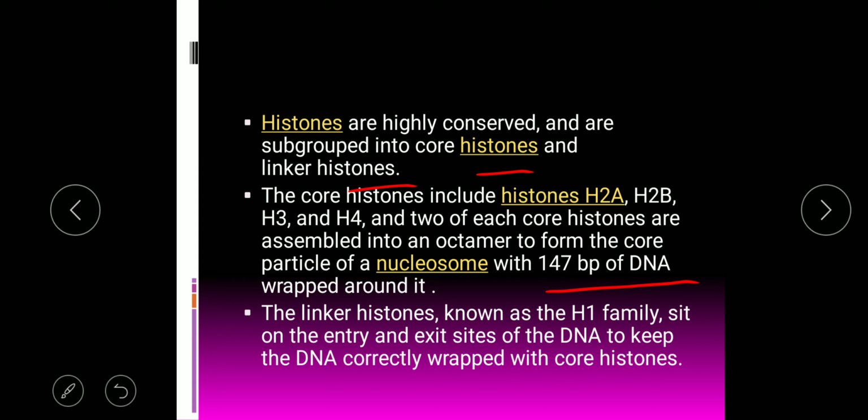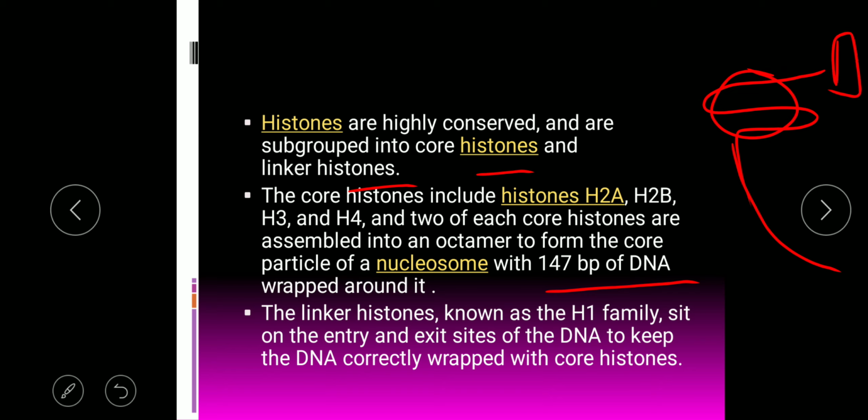Roughly, just understand that on the histone core, the DNA will wrap around 2.5 turns: 1 turn, 2 turns and 2.5 turns. And for the linker histone, here is the entry point of the DNA and here is the exit point of the DNA from the histone core.